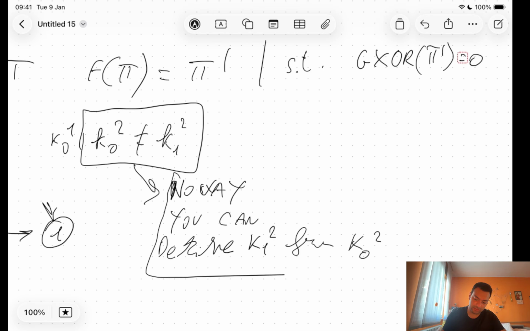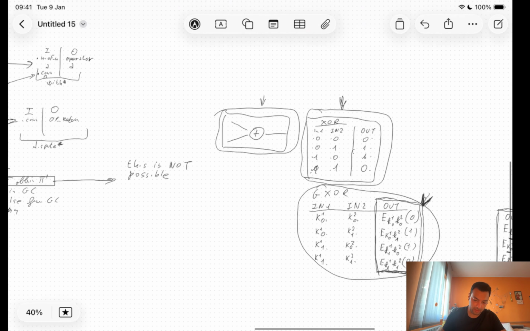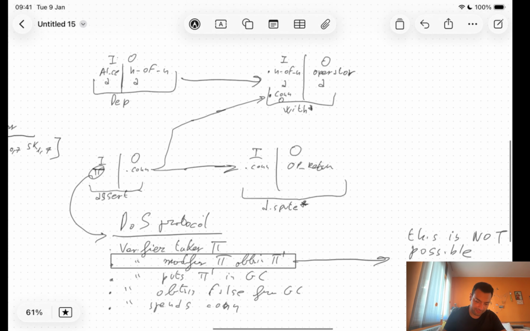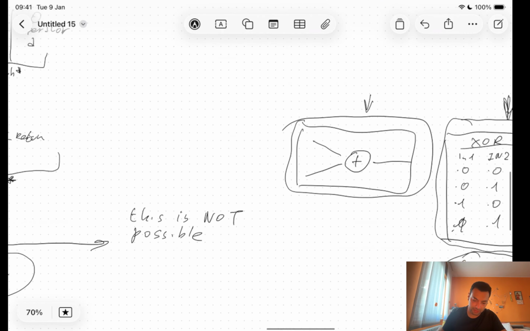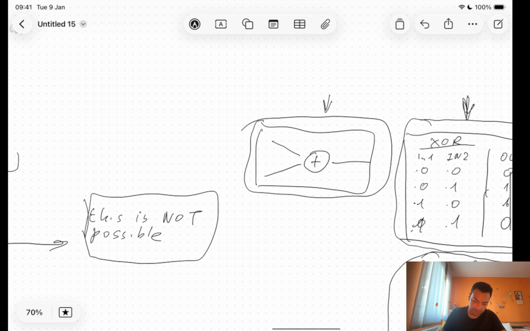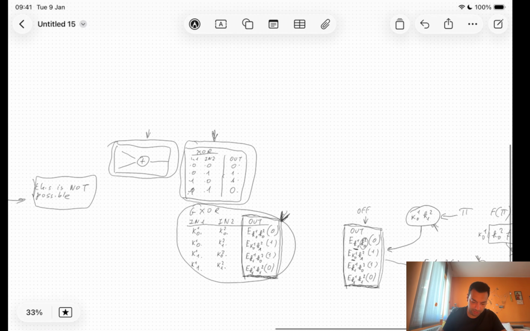So remember where we started, we said, I have pi and I want to have pi prime so that I can do denial of service and spend coins instead of letting the operator work. And what I showed is that this is not possible. And why is it not possible?